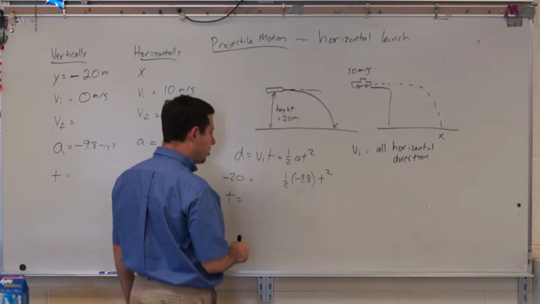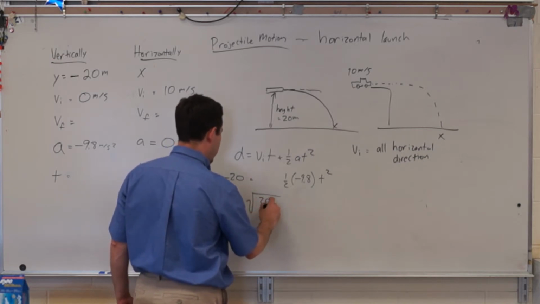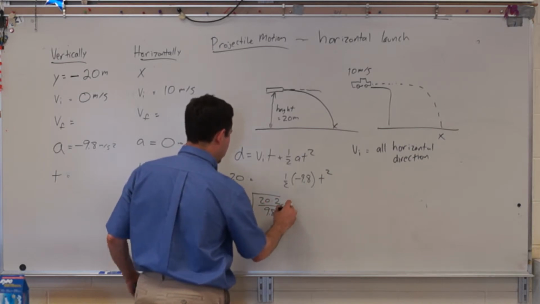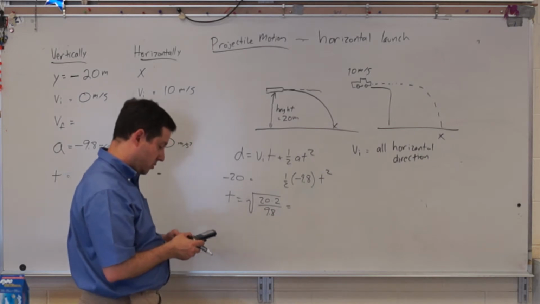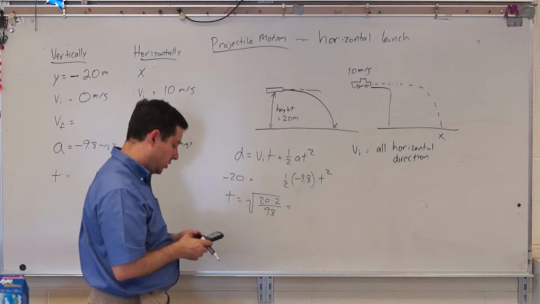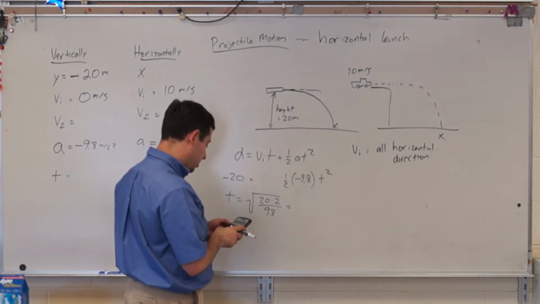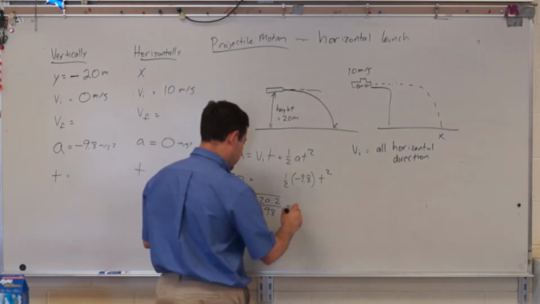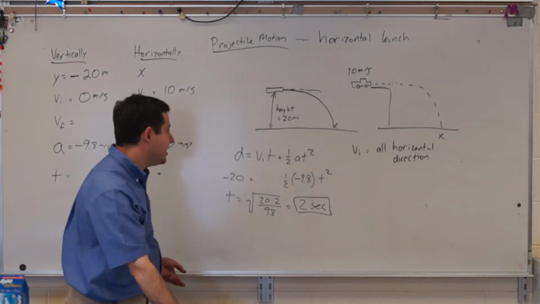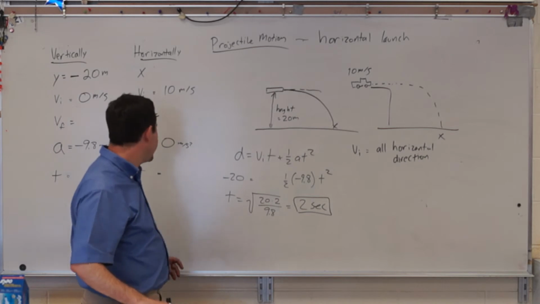I can get rid of that term, so time is really just the square root of 20 times 2 divided by 9.8, which is the square root of 4.08, so it should be about 2 seconds. And this is the same exact time it takes for something to fall 20 meters, 2 seconds, right?